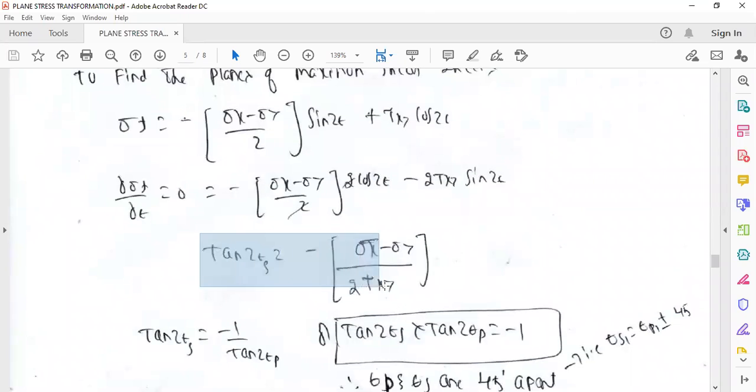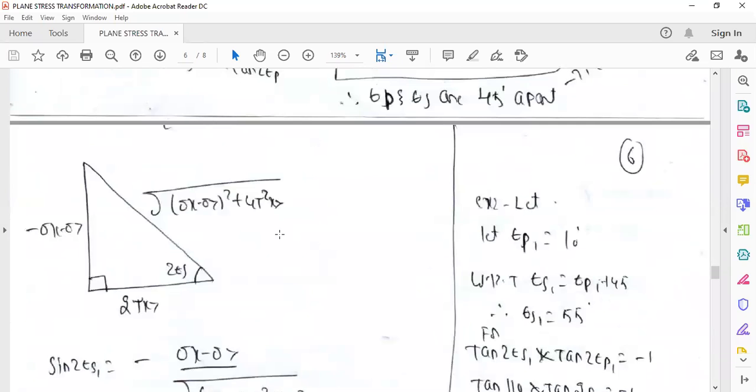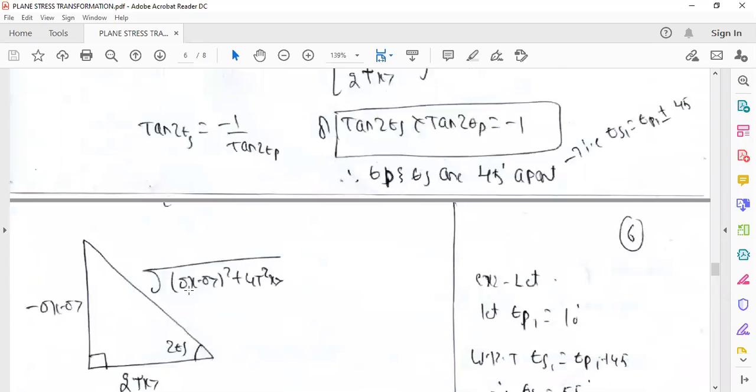Here we have obtained the expression for the planes of maximum principal shear. We need to obtain the magnitude of the maximum shear stress. So, substituting sigma x minus sigma y, with theta s here, this is my hypotenuse, 2 tau xy.